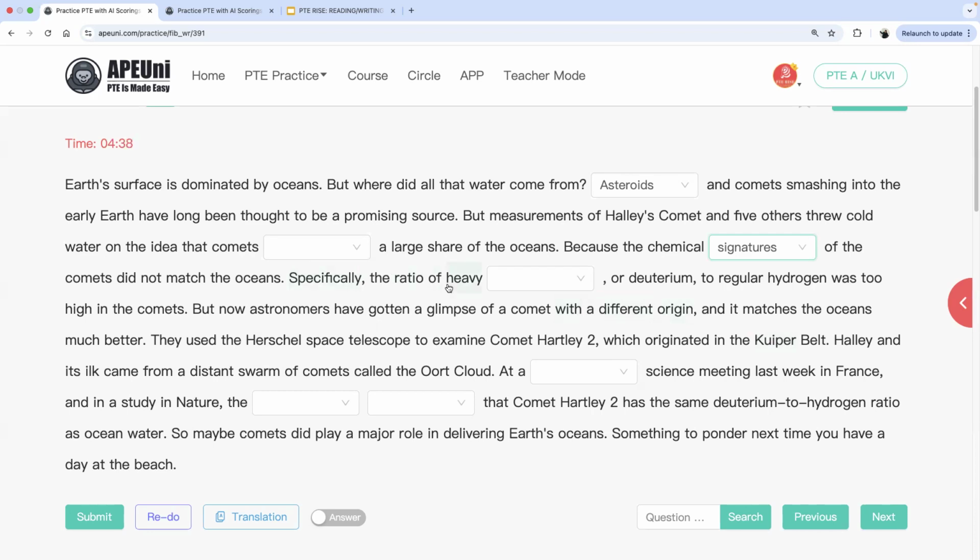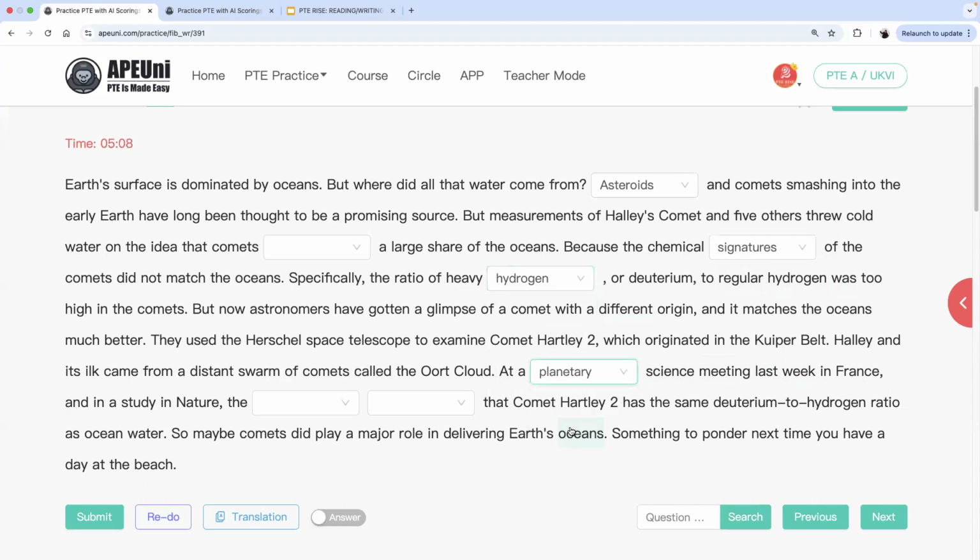Especially the ratio of heavy dash or deuterium. What is close to deuterium? Hydrogen. At a dash science meeting last week, which science are we studying?